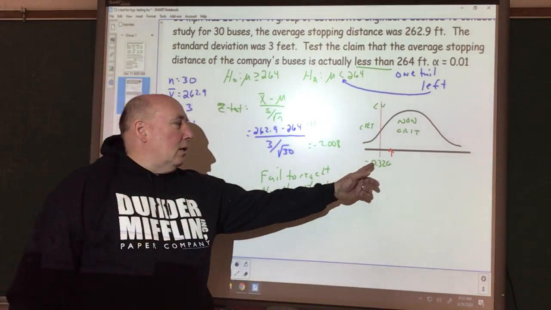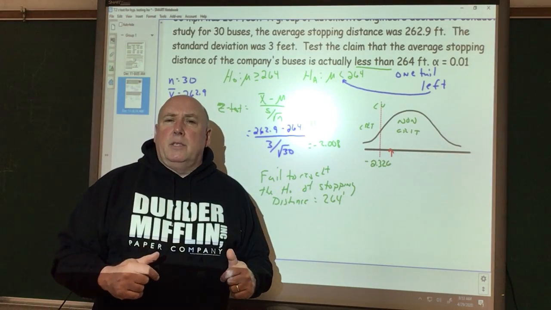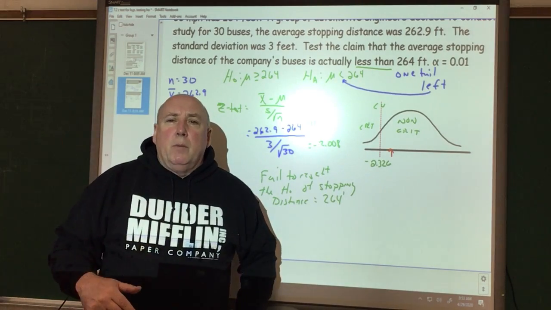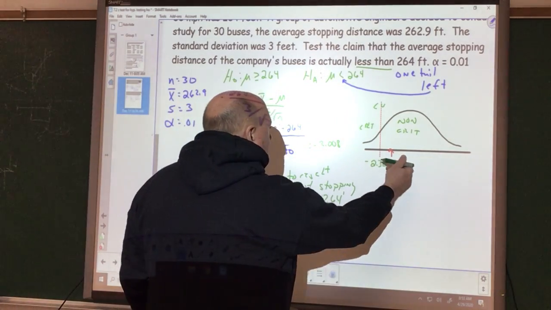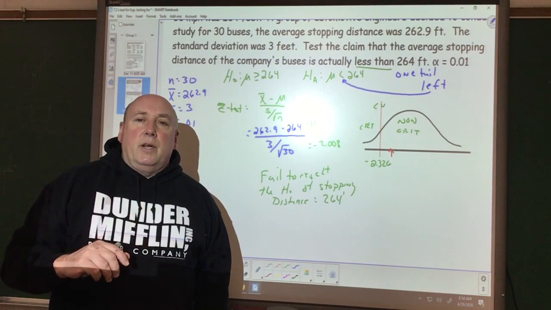But since I'm pretty close to my value here, it may warrant me trying to do another study with that, maybe include more buses, or maybe do something a little bit different. So this here being so close to it, as a person that's doing the study, I might want to study it a little bit further.